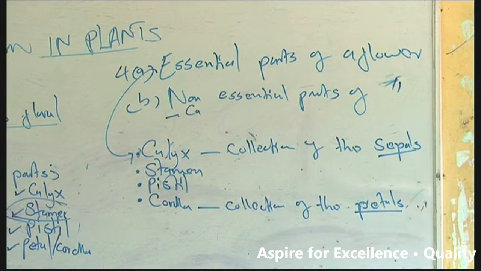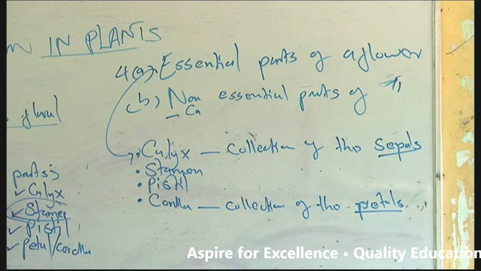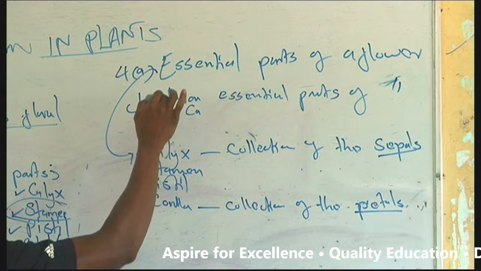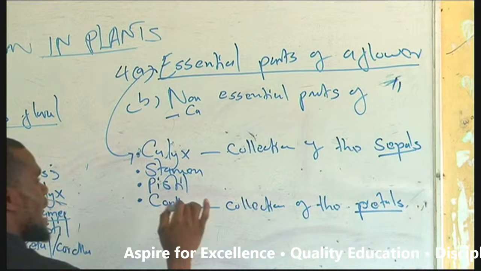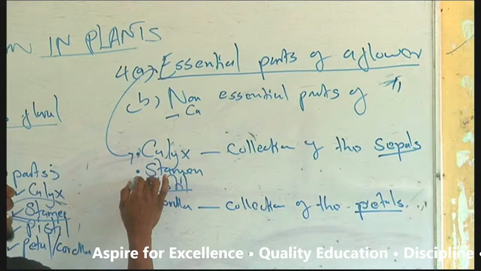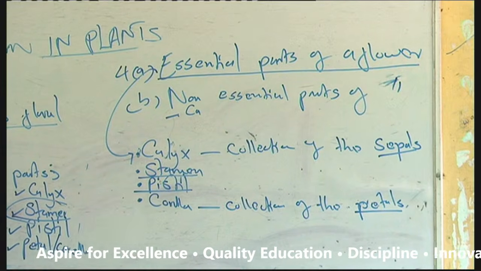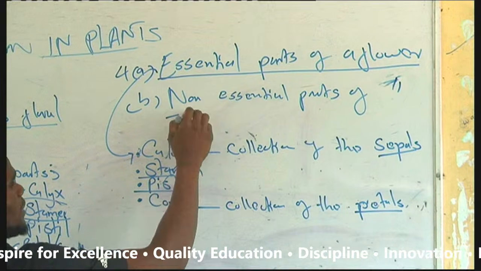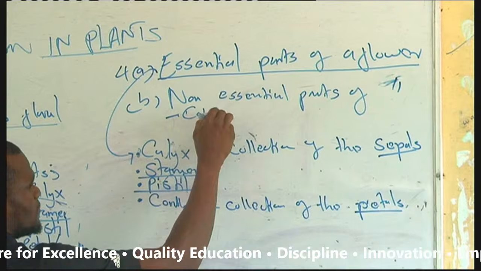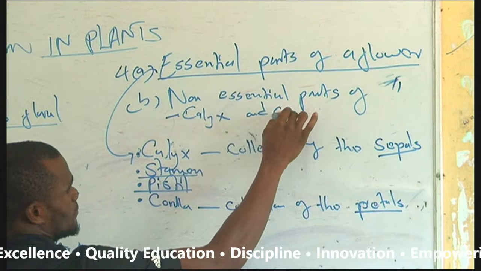But in most cases, you will find that the essential parts of a flower are the pistil and the stamen. Well, non-essential parts, here we can also talk of the calyx and the corolla.